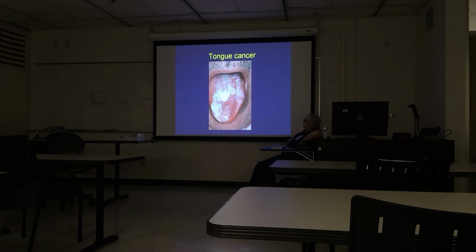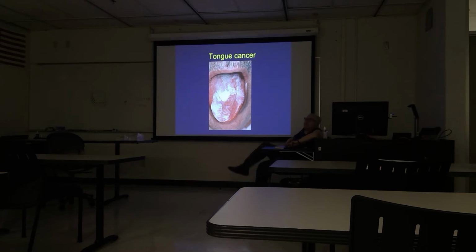This is cancer of the tongue. Here is one, here is another, and there's little bits back here. There's some of this stuff which is called leukoplakia. You've heard of leukoplakia? What's leukoplakia? White spots. Kind of, white spots.